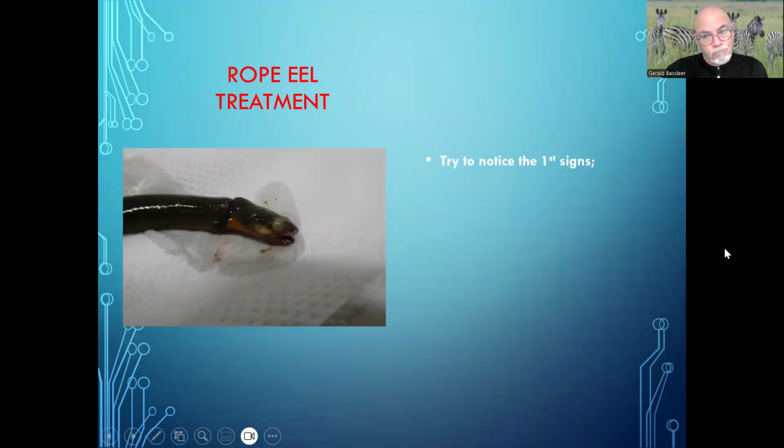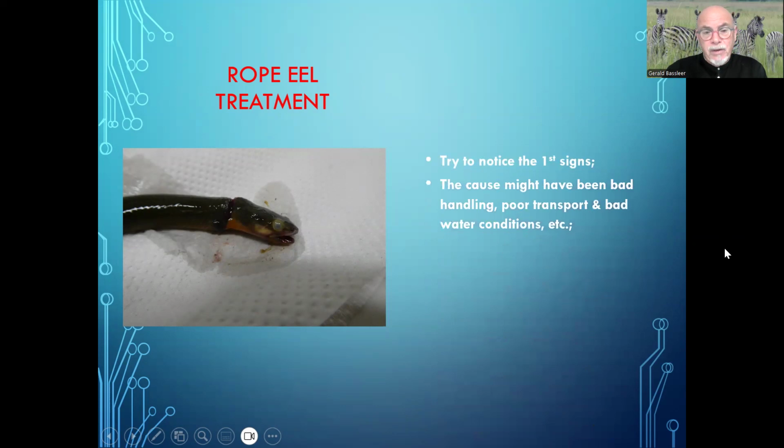So try to look at the first signs when you have a case like this. The first fish who shows this kind of cloudy eye, you suspect that you have to take some serious actions.